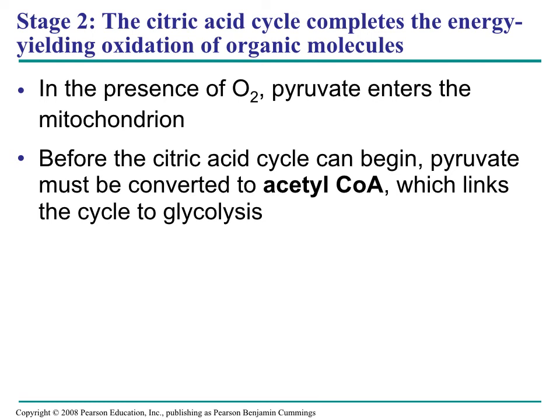Glycolysis occurs in the cytosol, where you generate 2 pyruvate molecules. Pyruvate is then converted to acetyl coenzyme A, and then acetyl coenzyme A is shuttled into the mitochondrial matrix, where it can then be broken down into carbon dioxide.